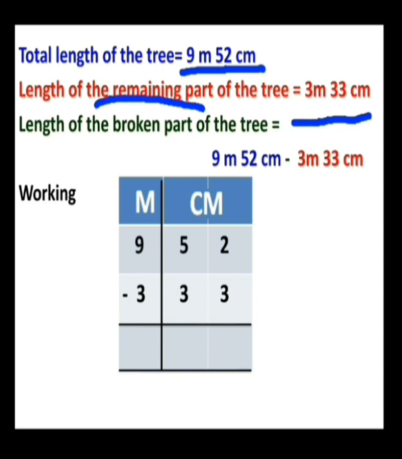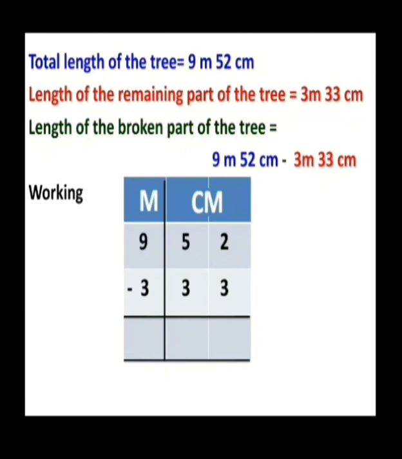And now what we have to find out? We have to find out the length of the broken part of the tree. So children, in order to find out the length of the broken part of the tree, we will simply subtract the present length of the tree.